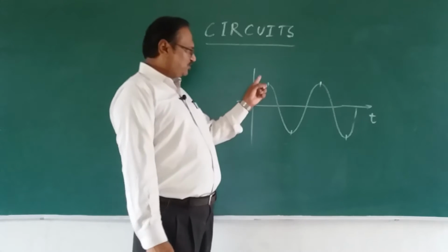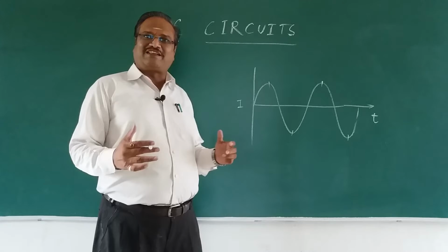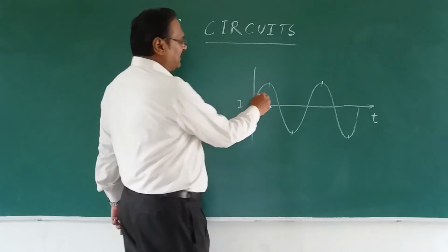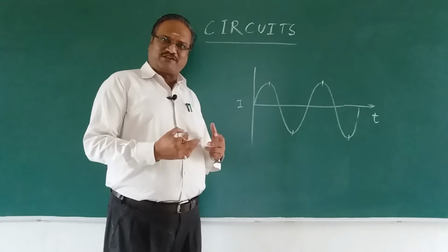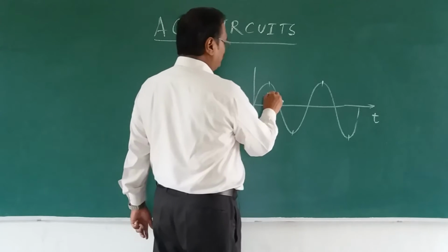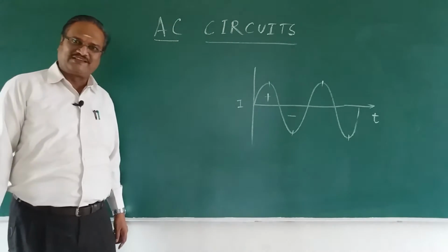It has a positive amplitude and a negative amplitude, which you call a cycle. So when there is a cycle, naturally there is a frequency and time period. This is called the positive half cycle and this is called the negative half cycle.